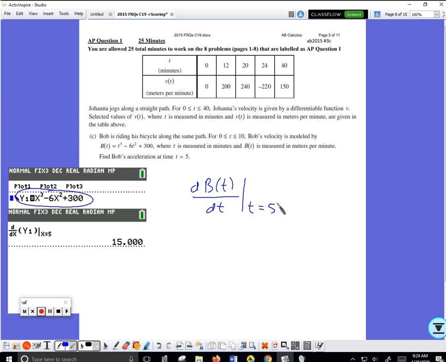Just type it on your calculator, you'll get this result, just like we did here. And you don't have to have the units, but it is best practice. They would give you 1 point for writing this and 1 point for writing this.